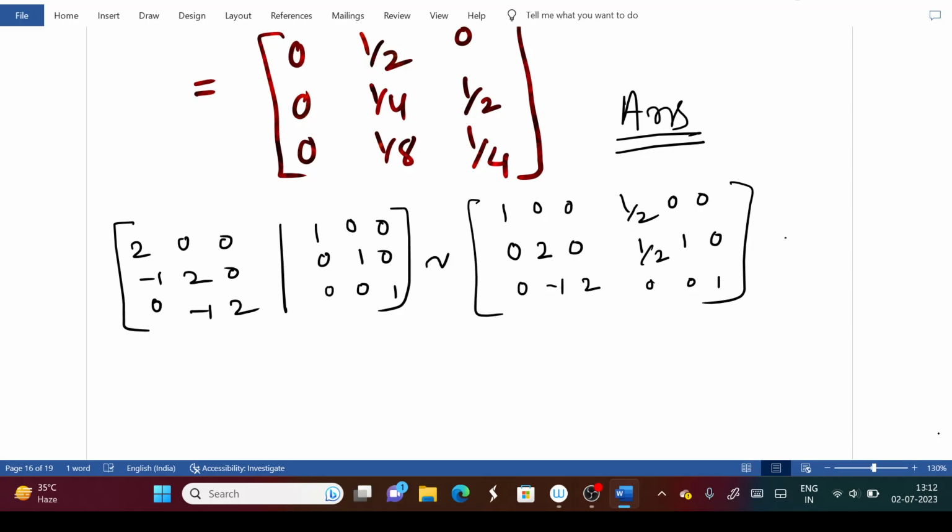Now what will I do? I will divide the second and third rows by 2. So it is 1, 0, 0, half, 0, 0; 0, 1, 0, 1 by 4, 1 by 2, 0; 0, minus 1 by 2, 1, 0, 0, 1 by 2.